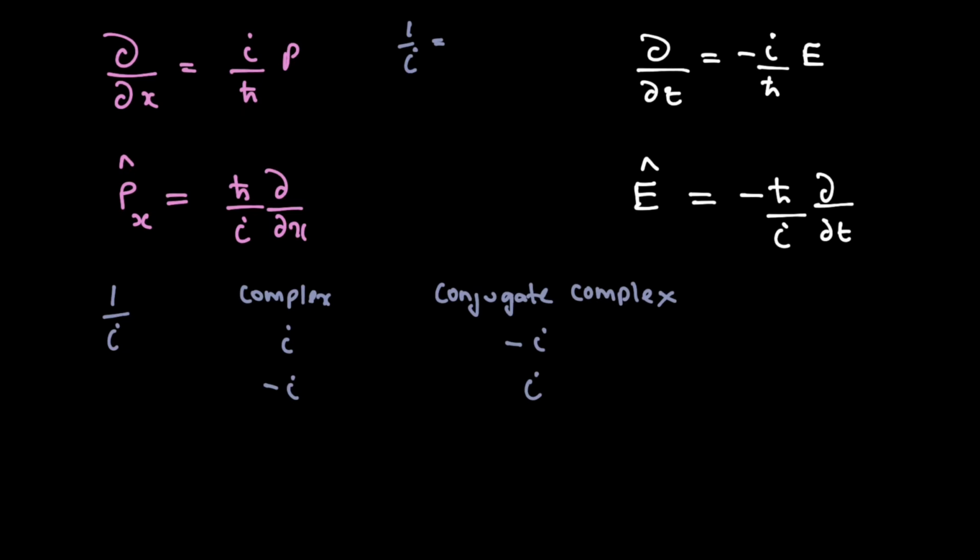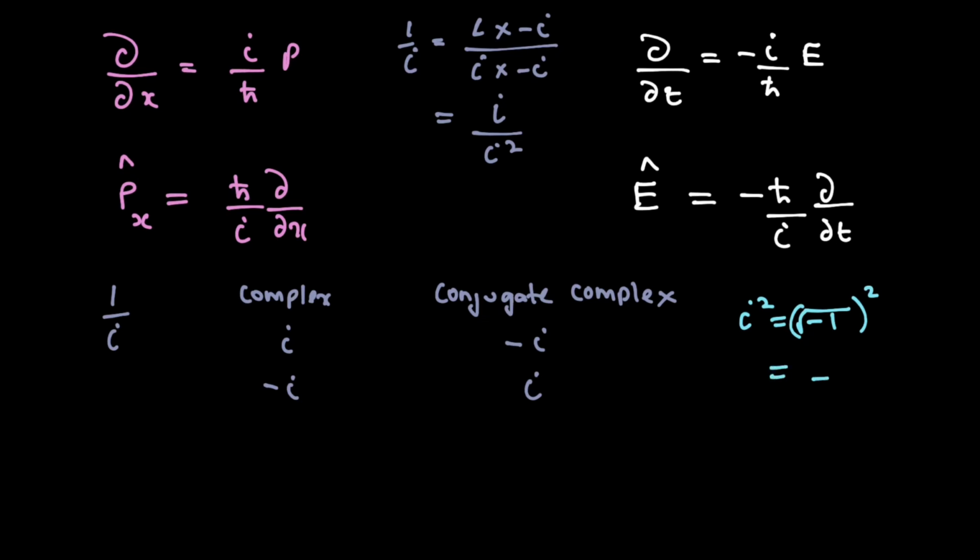So that will be 1 times minus i over i times minus i, and the minus we cancel out. So we get i over i squared. But let's talk about i squared. i squared is the square root of minus 1, to the power 2.